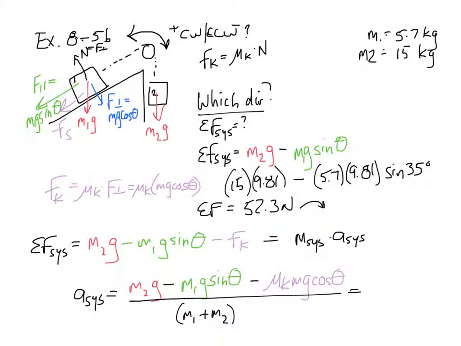So again, the question asks, what's the acceleration of the system and what direction is it going to go? We already know it's going to go in that direction. The question is how fast, at what acceleration? Well, you've got m2g minus m1g sine theta, that's the force parallel, minus the friction force, which we put together from all these different parts, all divided by the mass of the system. It should give you your acceleration.